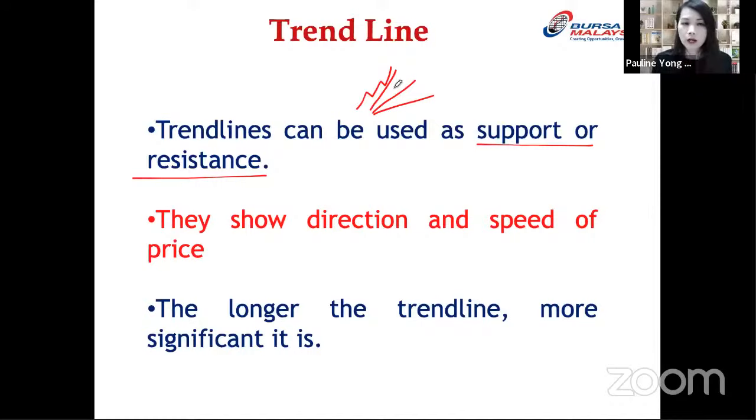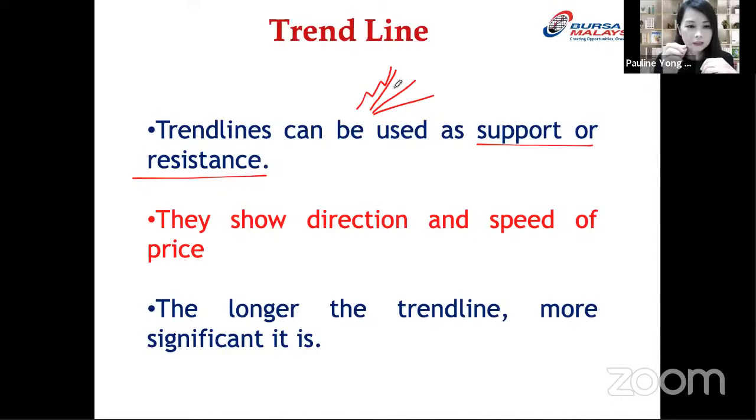If you saw how I draw the trend line on a 10-year chart, I draw a 3-year downtrend, 3-year uptrend, 3-year downtrend. This kind of long-term trend line is very, very significant. Once it is broken, the effect will be very, very impactful.